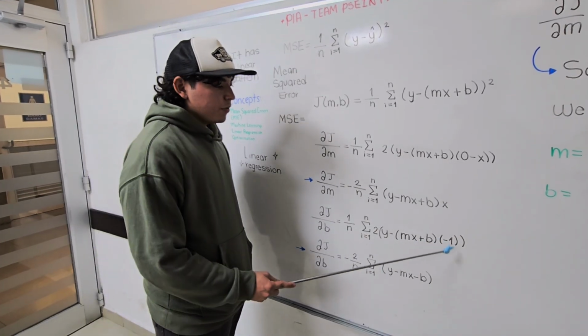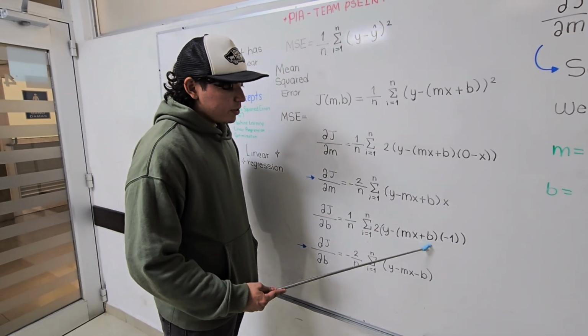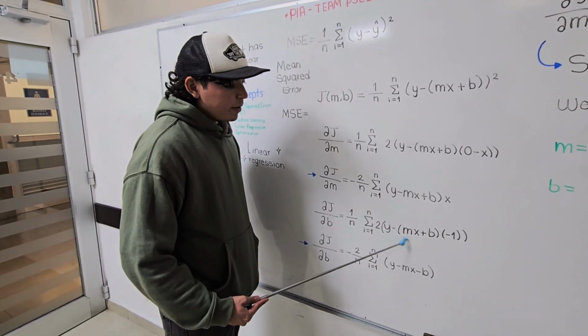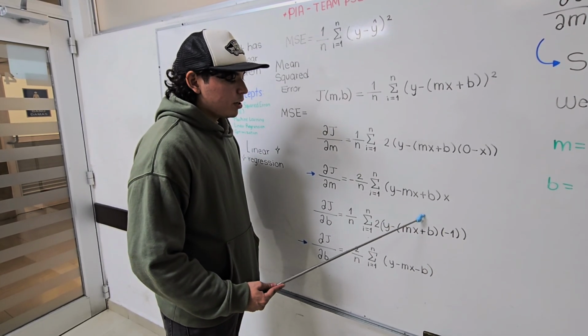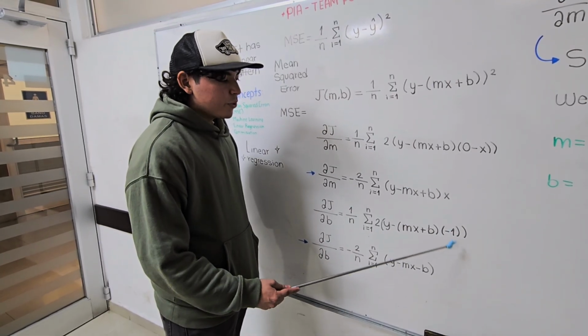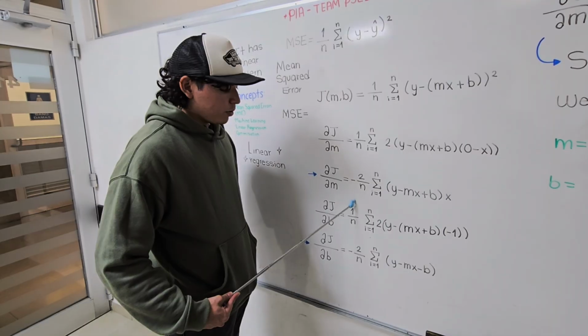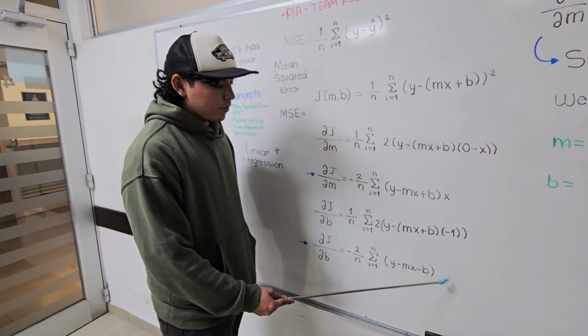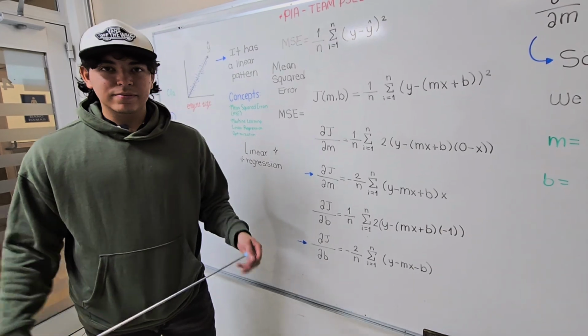And then we will start with the derivative of what's inside the parentheses. Y is 0, mx is 0 too, and b is 1. So it will be 0 minus 1, which is right here. Then we just multiply minus 1 times 2 times 1 over n. And we have minus 2 over n with our function.